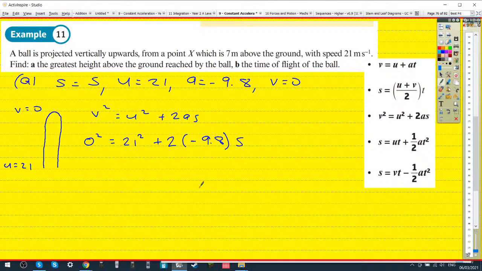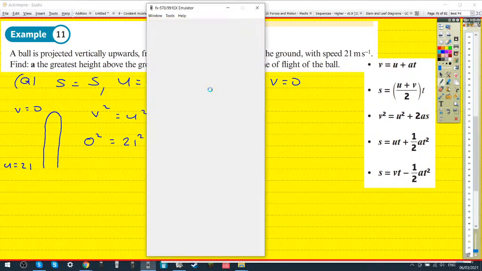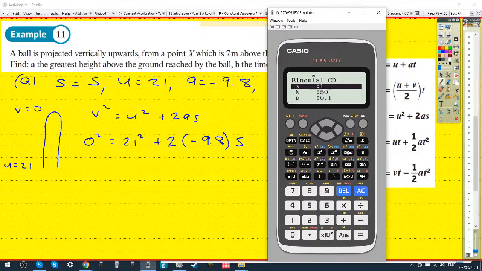If you work that out, 21 squared is 441, so it'd be 0 equals 441 plus 2 times minus 9.8, which is minus 19.6. So 441 minus 19.6, and then s at the end.